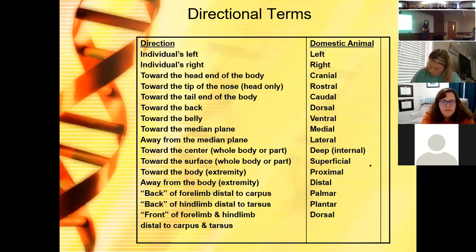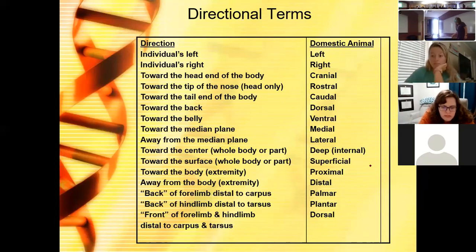It is distal to my hip. My hip is proximal to my knee. My carpus, not my carpus, my tarsus is where in relation to my toes? Proximal. My toes are distal to my tarsus.